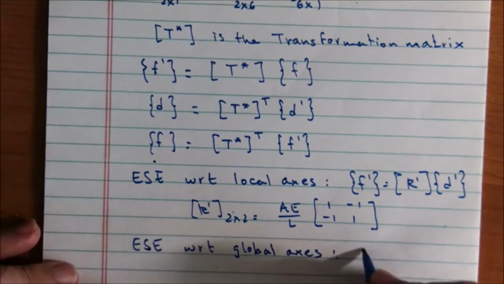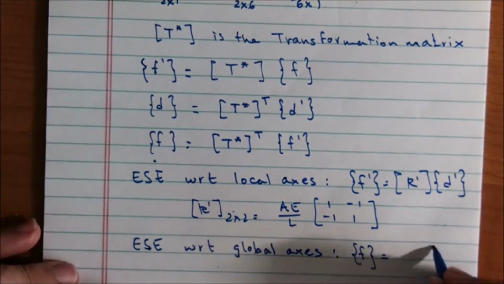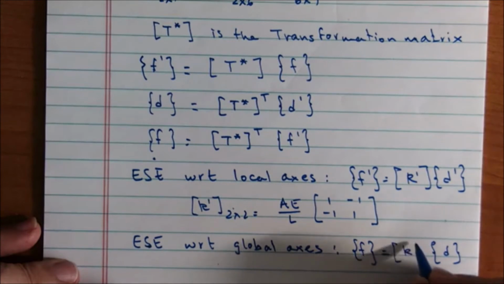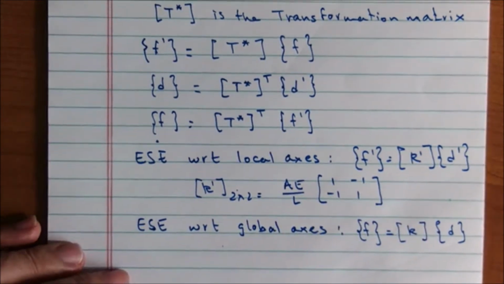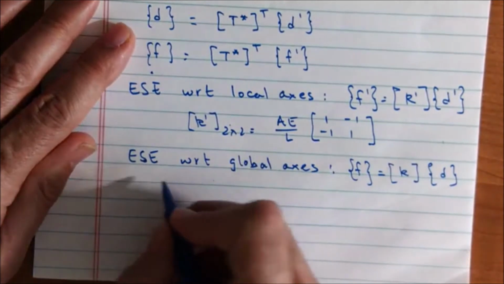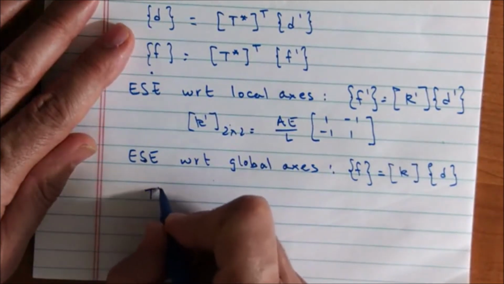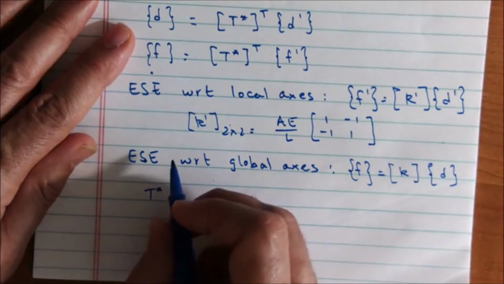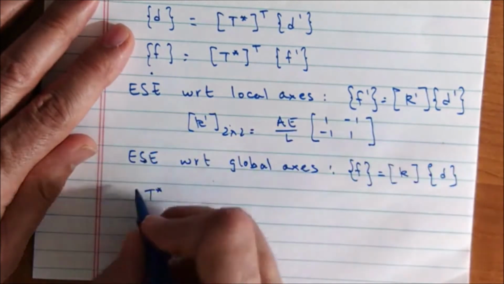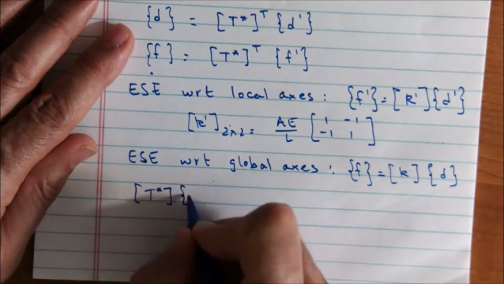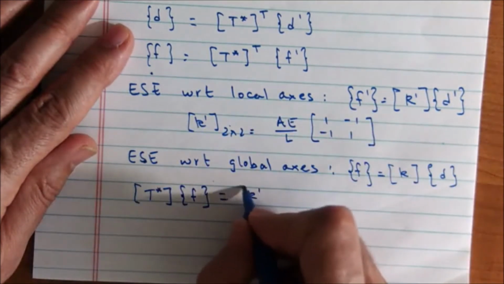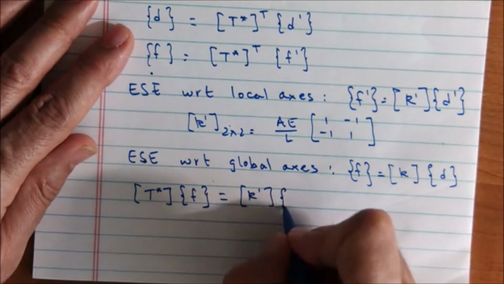So we want to be able to write F as a function of D via the global element stiffness matrix K. So now if I substitute for F prime, I'm going to write that as T star multiplied by F. Now this is equal to K prime multiplied by D prime.